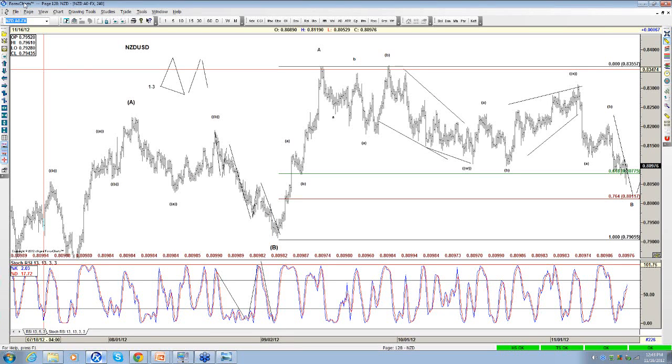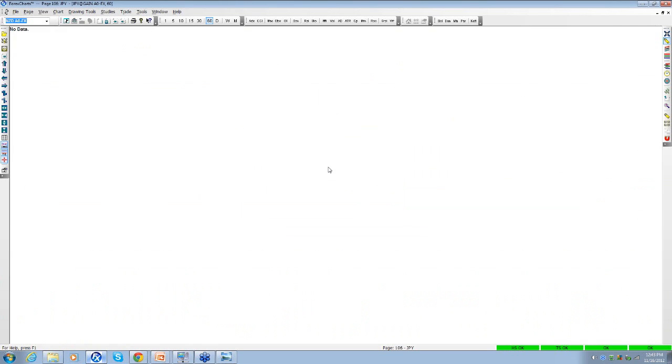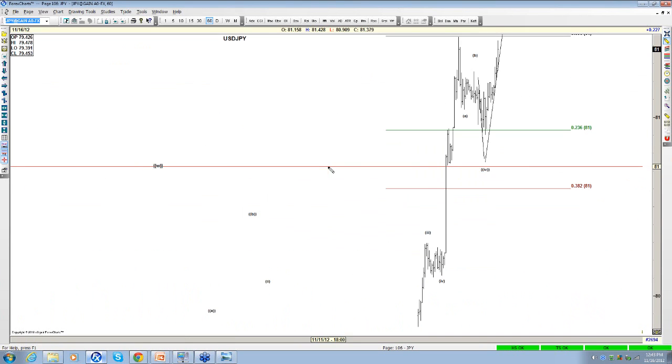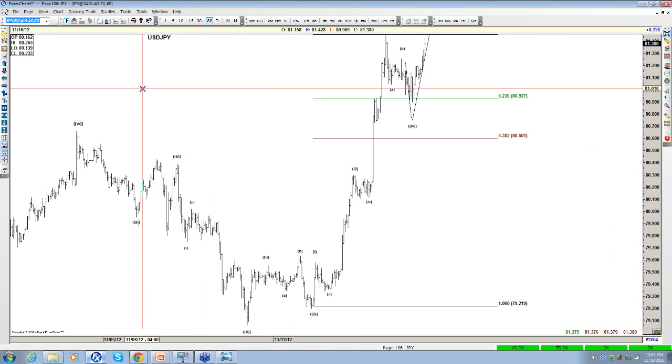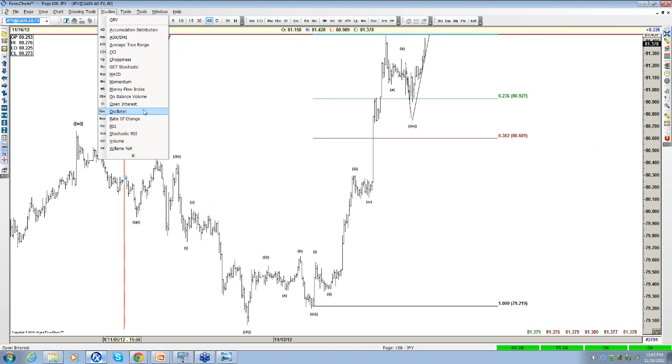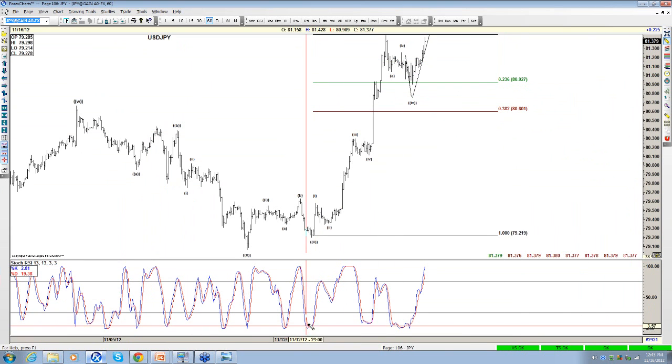Now, let me put another simple one. Doesn't matter the time frame. The idea of the time frame and the stochastic RSI is the same. You need to upgrade and downgrade the trend. For example, right here, look. Look at the stochastic RSI.